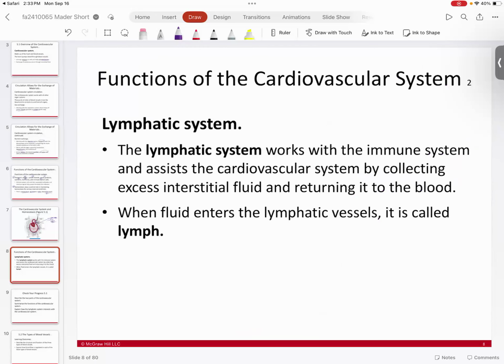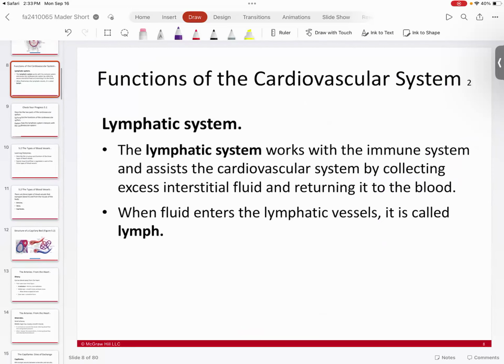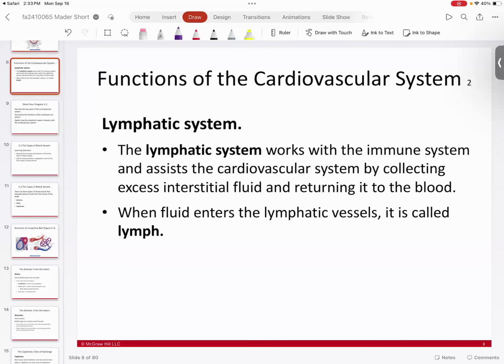And that's important because we're going to take a look at the lymphatic system in a couple of chapters, which is actually a dramatically different type of system. So your lymphatic system, which goes along with the cardiovascular system, is essentially a shadow system. This one is an open system. And it's basically working with our immune system. It's going to be responsible for collecting a lot of that excess tissue fluid and returning it back to the bloodstream.